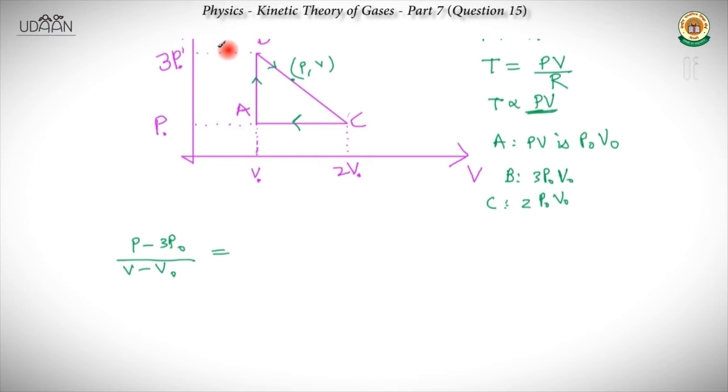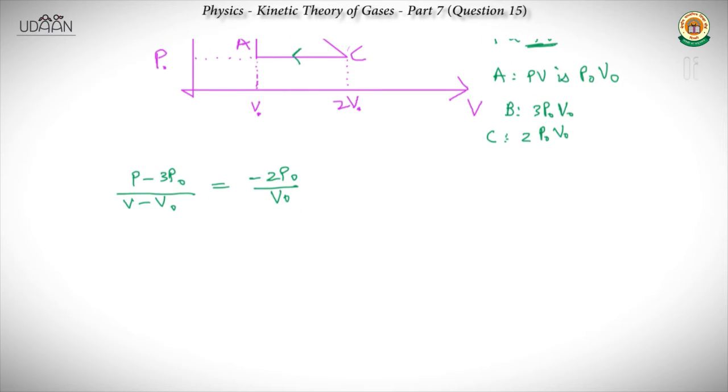So P naught minus 3 P naught, which comes out to be minus 2 P naught, divided by V naught. P is basically RT by V, so we substitute it. We get RT by V minus 3 P naught, divided by V minus V naught, equals minus 2 P naught by V naught.